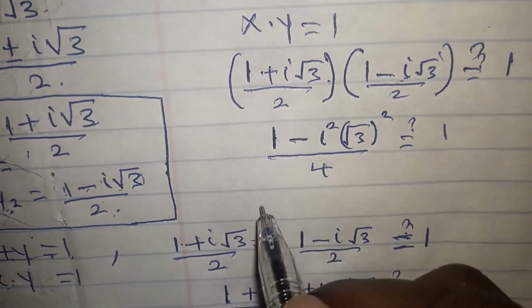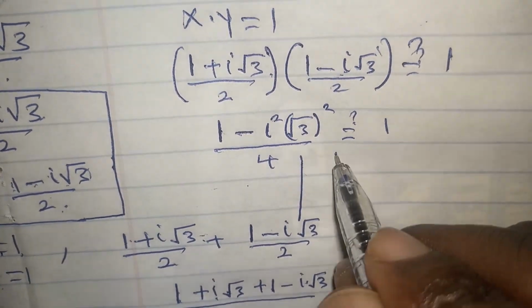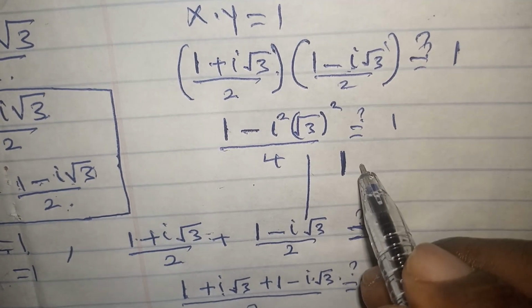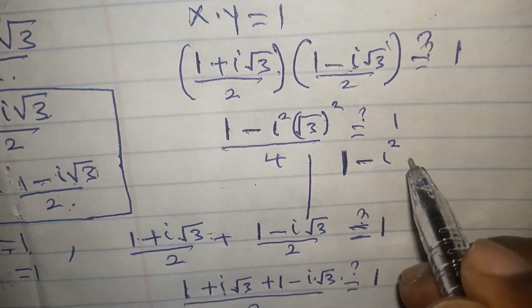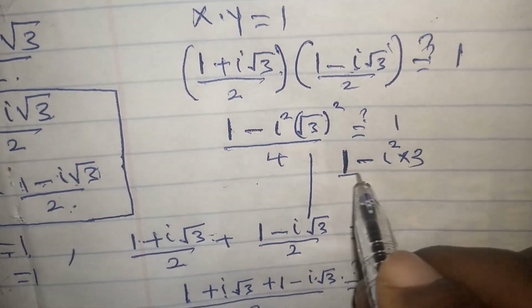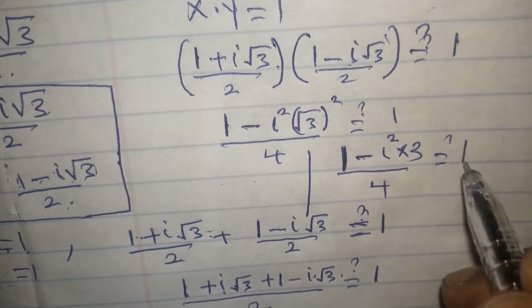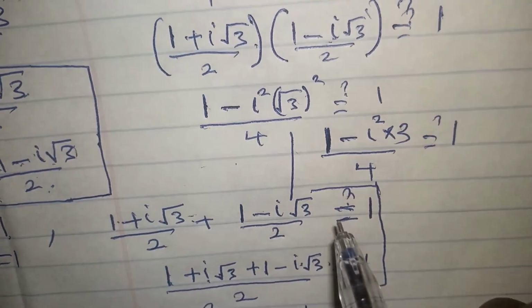So from here, I'm going to have 1 minus i squared, and this root 3 squared is going to turn to 3, times 3 over 4 is equal to 1.